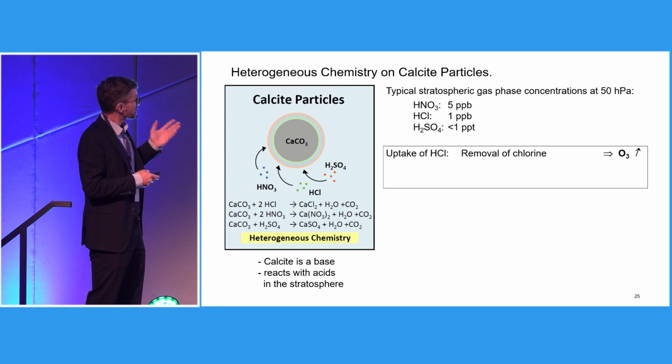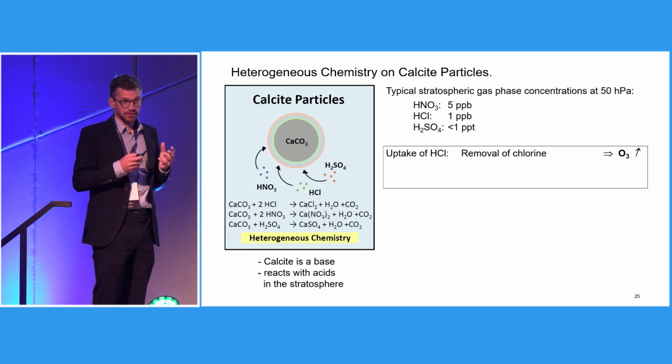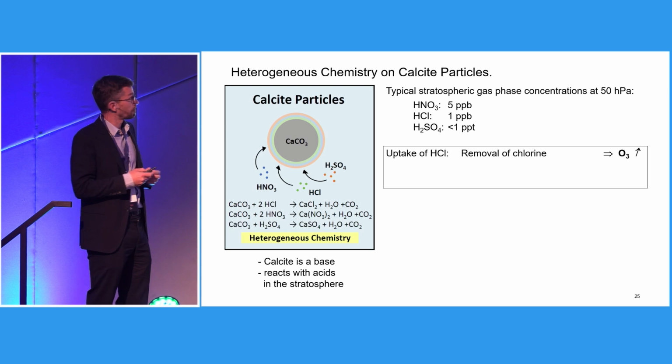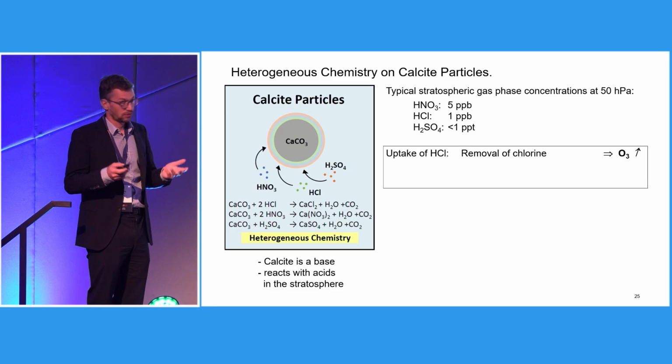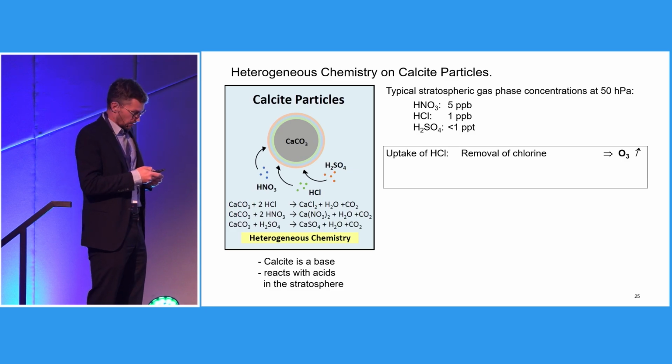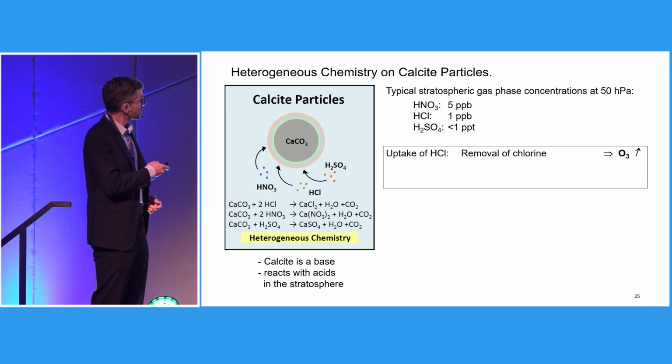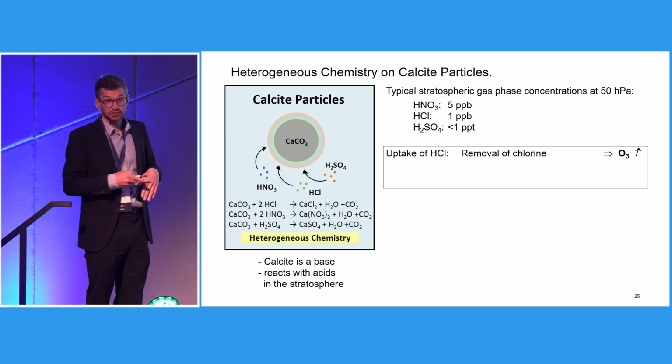So HCl is the reservoir species of chlorofluorocarbons, which are responsible for the ozone hole, which is occurring every year over Antarctica. So if we would take up HCl on the particle surface and form these salts, chlorine would be removed from the stratosphere via the sedimenting particles.